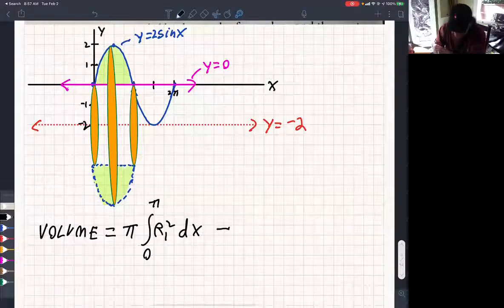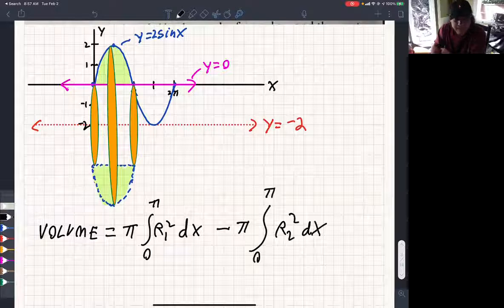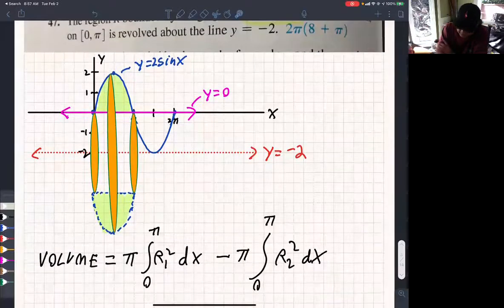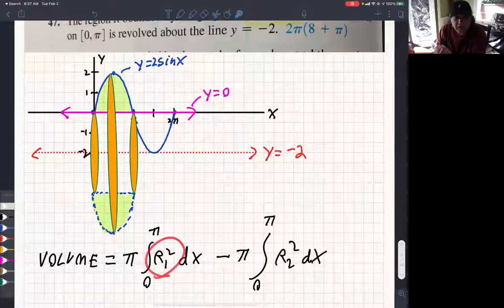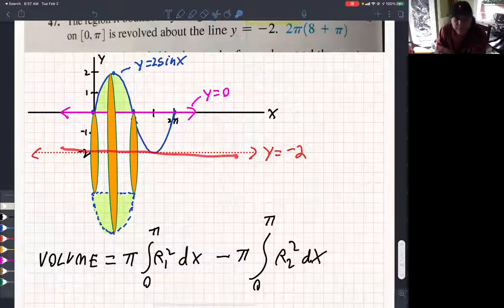Then I need to subtract the hollow center. And I'm going to call that a different radius, radius 2. And we'll have to figure that out. But your radii always go from the axis of rotation to your graph. And your big R, another secret, will go from the axis to the furthest graph away. And the furthest graph is the blue one.